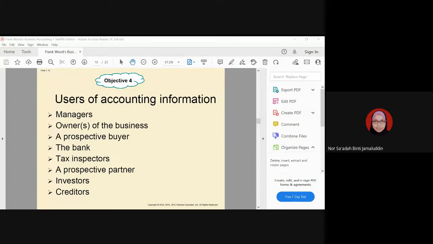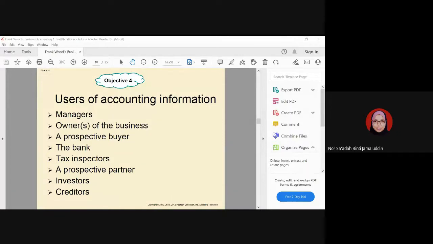So let's say a person runs a company, but their company faces losses, so they no need to pay the tax. So the accounting information is also important to the tax inspector.